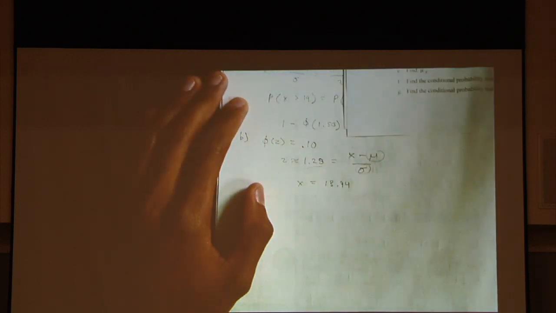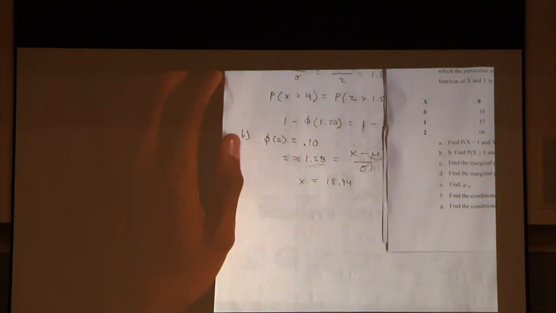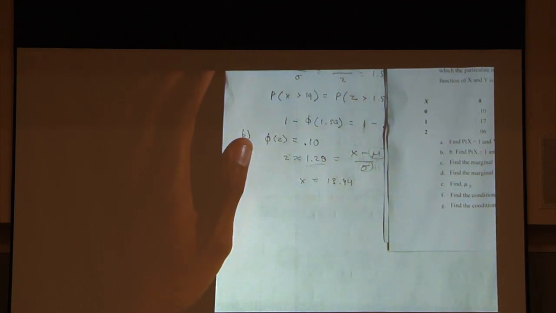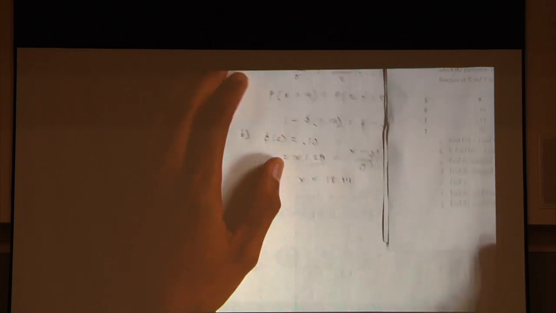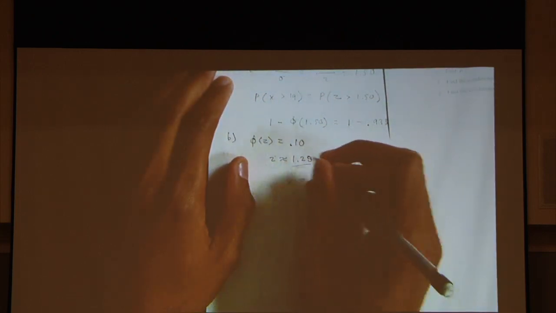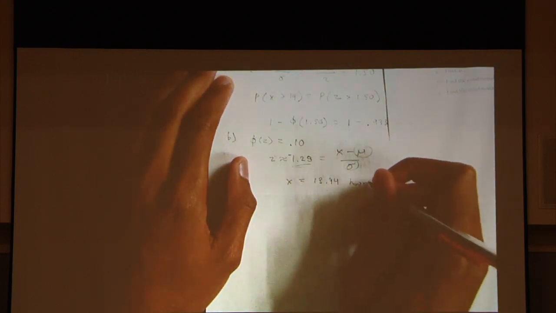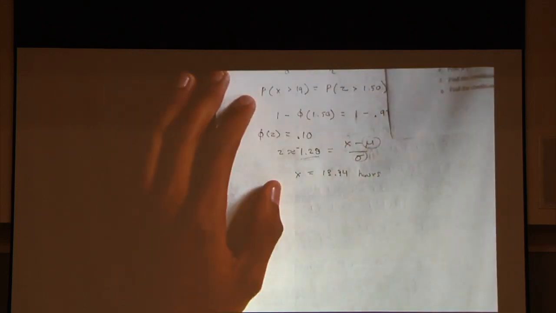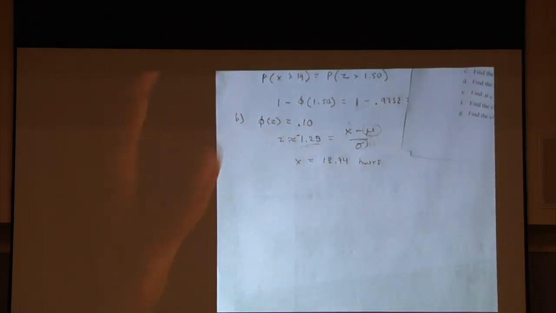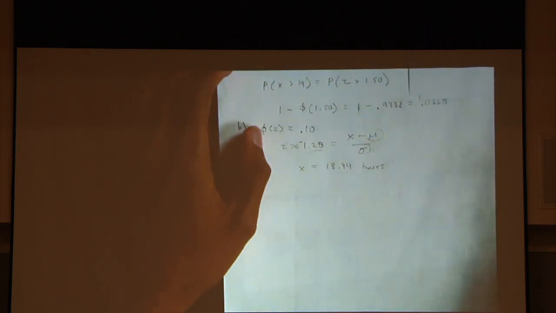If you have an average lifetime of 16 hours, then about 10% of your data, or of your light bulbs or whatever you're observing, here it's the batteries, have a life of about 13 hours.